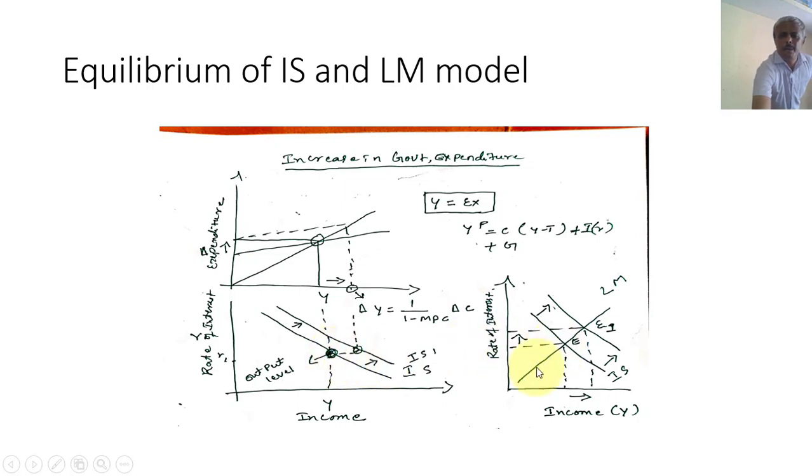So here, with the 45-degree line and the LM curve, how the rate of interest changes, and how income is also impacted, that is the equilibrium of the IS and LM model being explained over here.